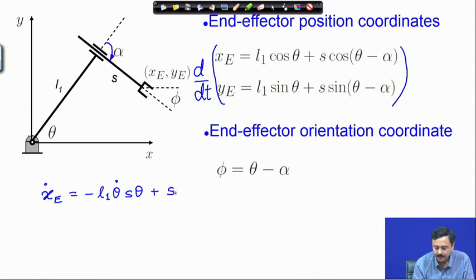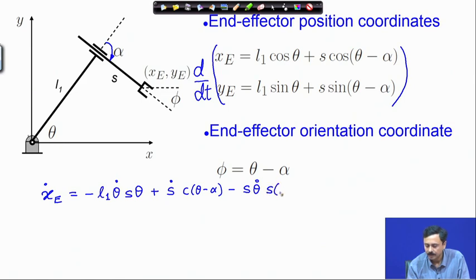Plus s dot cosine of theta minus alpha, and minus s theta dot sine of theta minus alpha.